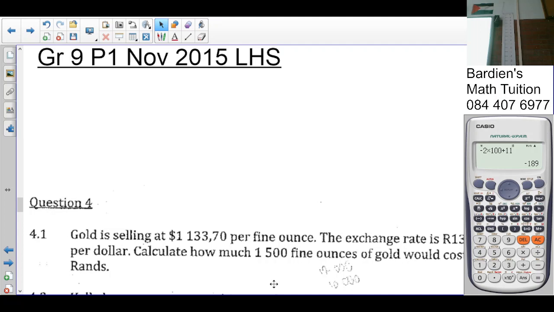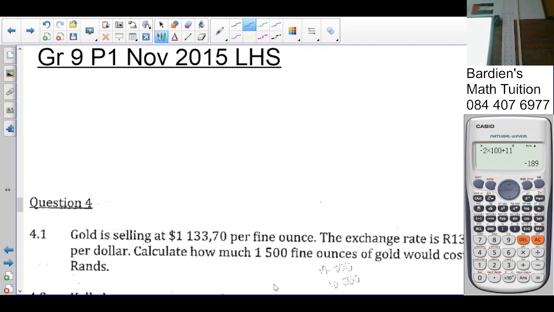Calculate how much 1,500 fine ounces of gold would cost in rands. Okay. So firstly, I need to work out in dollars how much 1,500 ounces of gold would be.